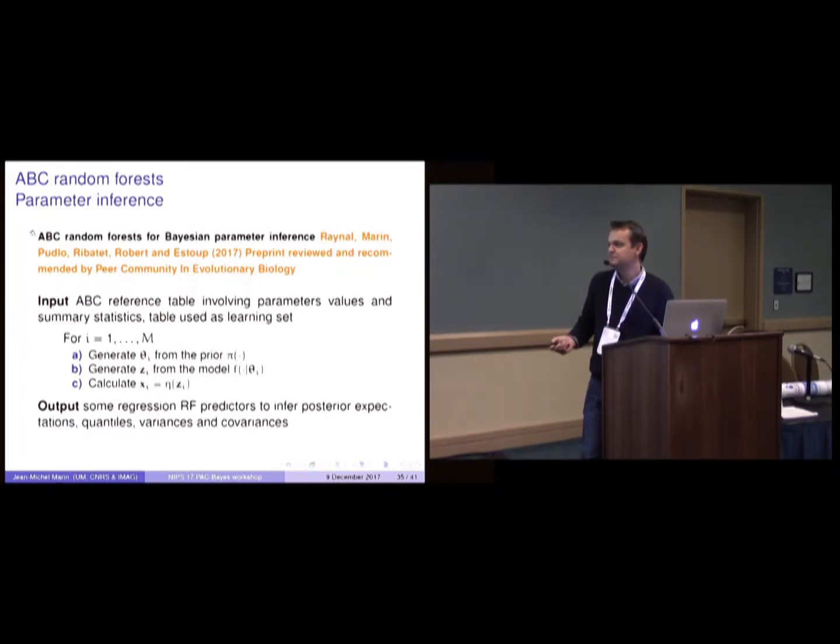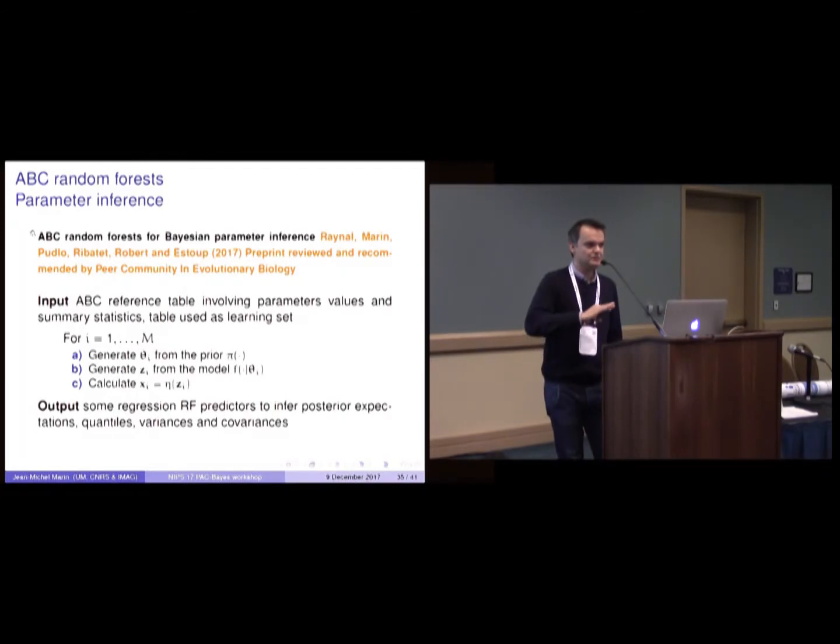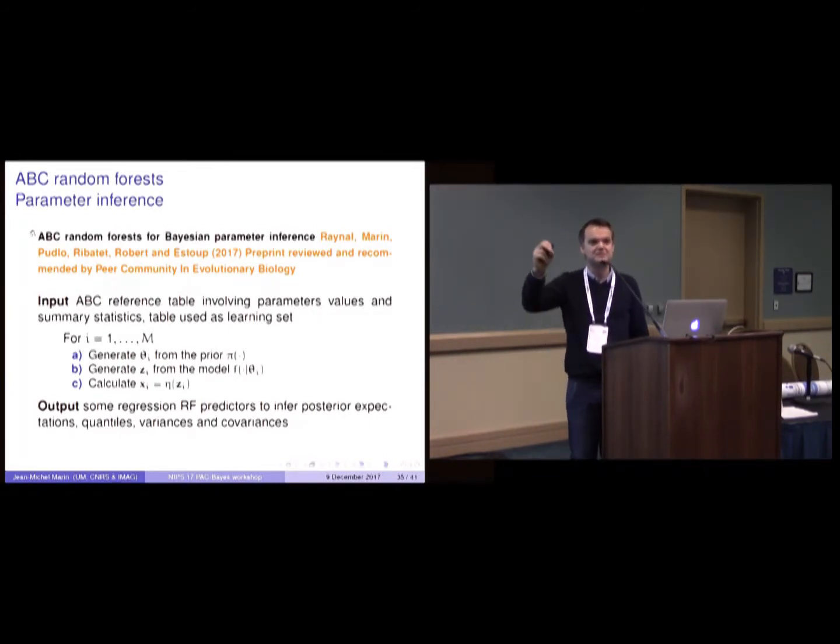And the output is some regression random forest predictors, not only one, to infer posterior expectation, quantile, variance, and covariances. I don't try to estimate the whole posterior. I will design a random forest to estimate a specific quantity.